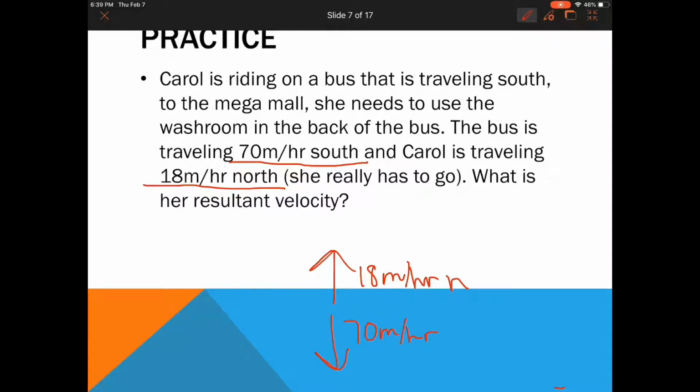With this problem, since they are moving in opposite directions, we have to add the positive to the negative. So the positive in this case is the first one we're given, which is the bus traveling 70 meters per hour south. And our negative is going to be how fast Carol is traveling, which is 18 meters per hour north.